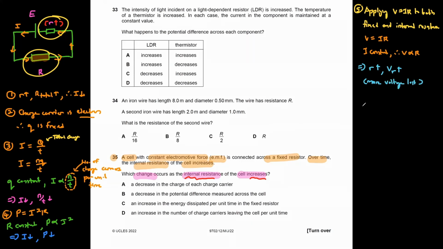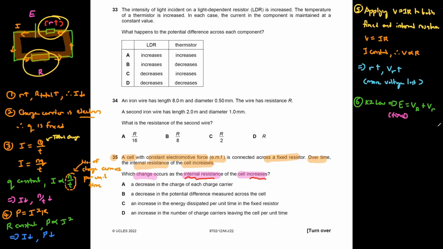Okay. Then next, if you apply Kirchhoff's second law in your circuit here, according to Kirchhoff's second law, applied to this loop right over here, you can actually say that the EMF E is equal to the PD across the fixed resistor plus the PD across the internal resistance. Now, our EMF E is fixed.